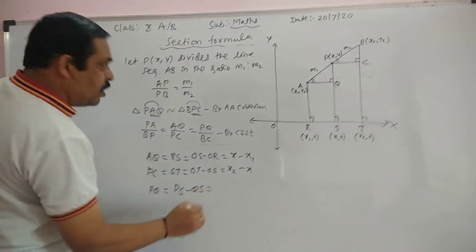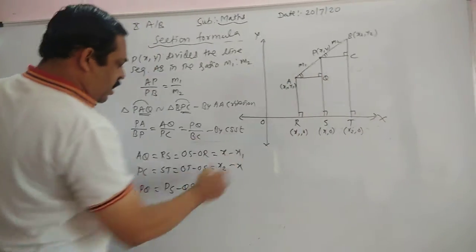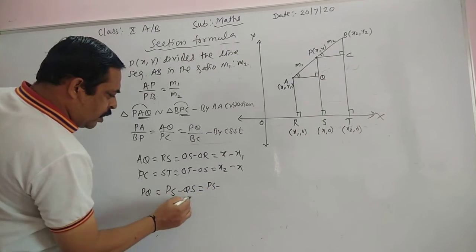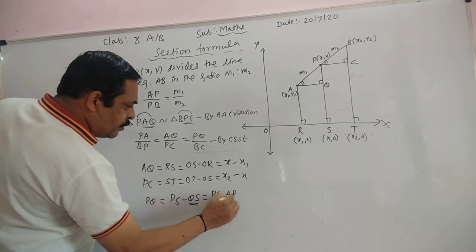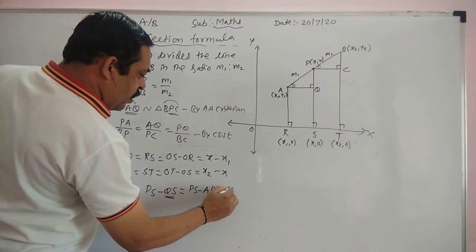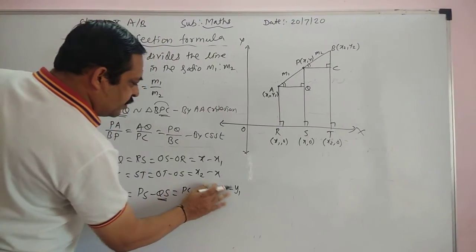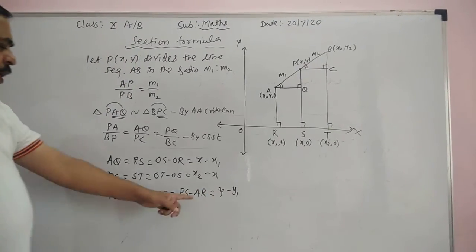PS minus QS. QS means AR. The value of PS is y and the value of AR is y1. Therefore, y minus y1.